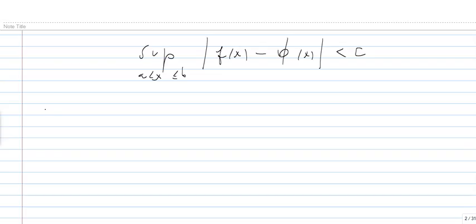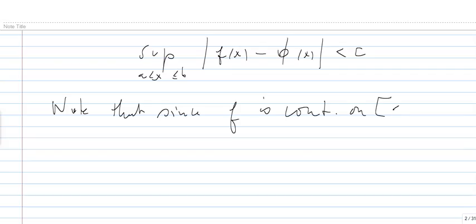So first, note that since f is continuous on [a, b], it is uniformly continuous.